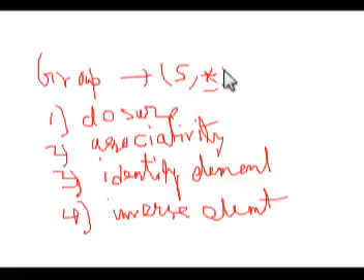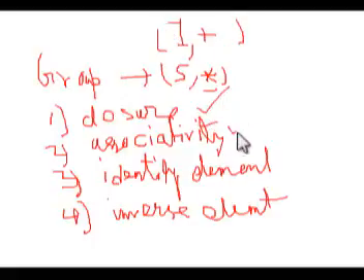Not for all binary operations, but for example the integers with respect to the binary operation addition satisfy all these properties. It has the closure property, you can verify associativity, it has identity element 0, and inverse elements for each element in the set of integers. So it forms a group.